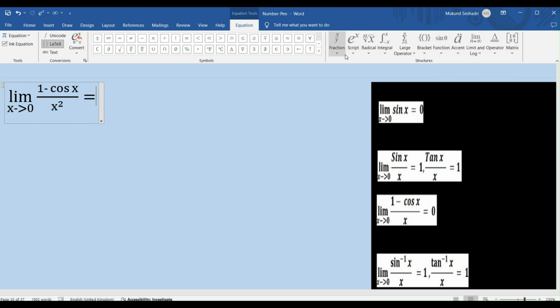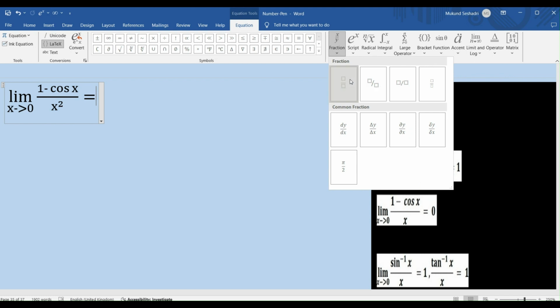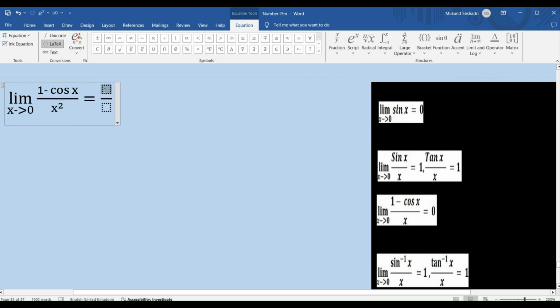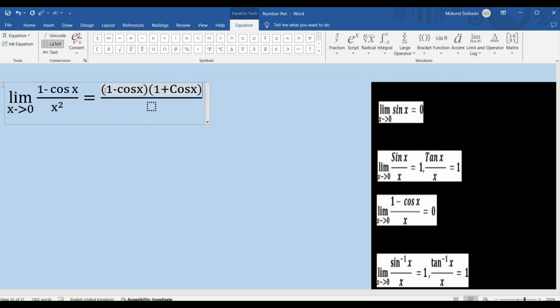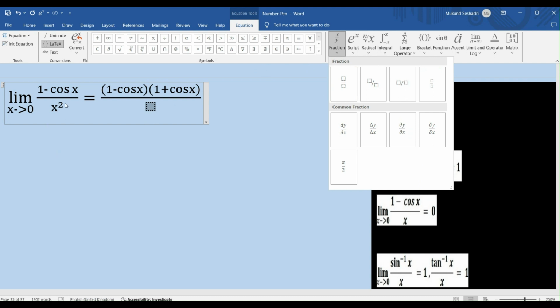So let me do that, and all that I need to do is multiply it by a 1 plus cos x, right? I'm going to do that in the denominator as well, and that doesn't change the equation.